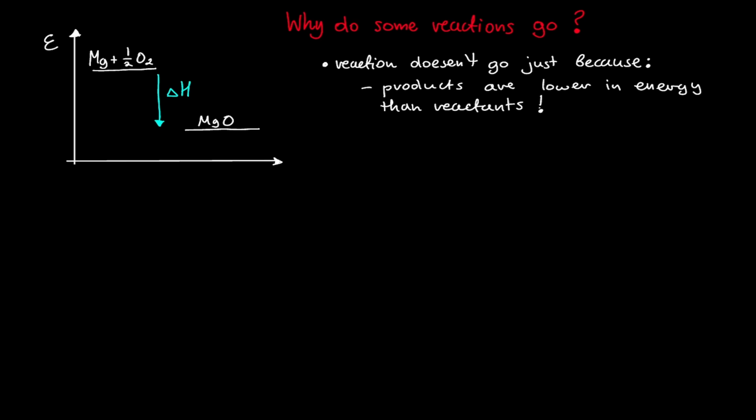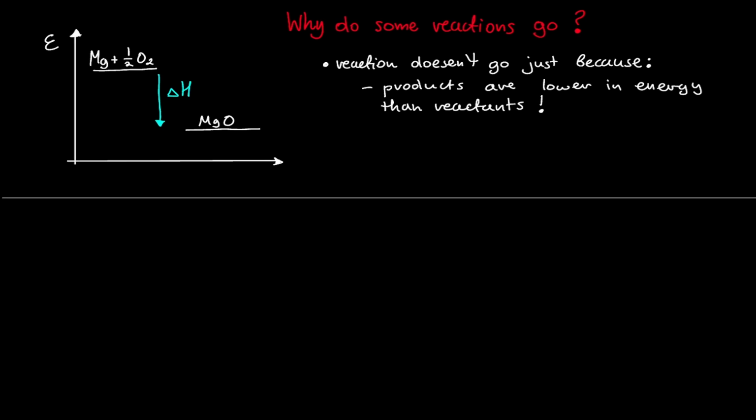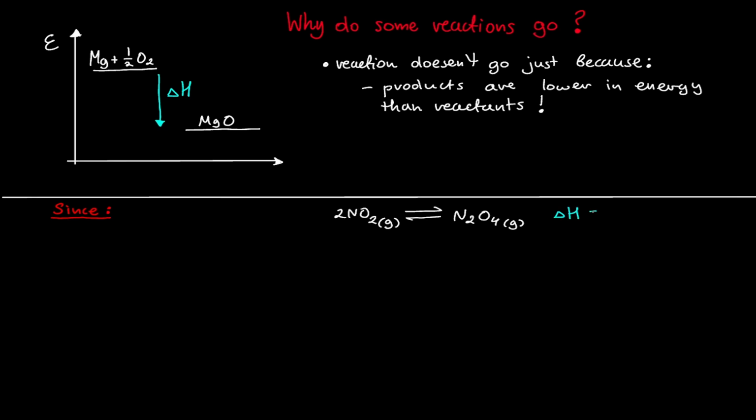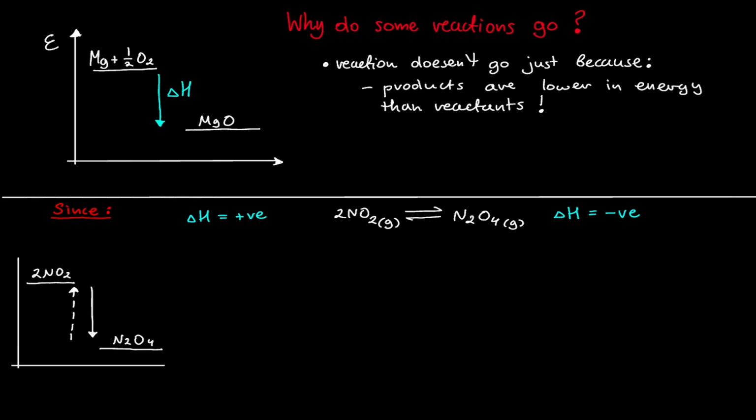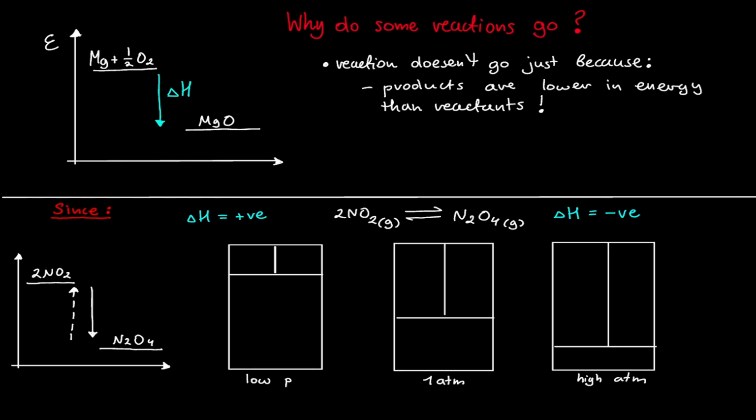It would be very tempting to conclude that magnesium oxide is formed from magnesium and oxygen because magnesium oxide is more stable, is lower in energy than magnesium plus oxygen themselves. However, even though it may be very tempting to think that way, we can see an example of dimerization of nitrogen dioxide, where reactions can go forward and backwards, down the energy level and up the energy level.